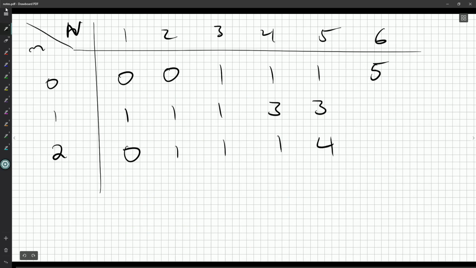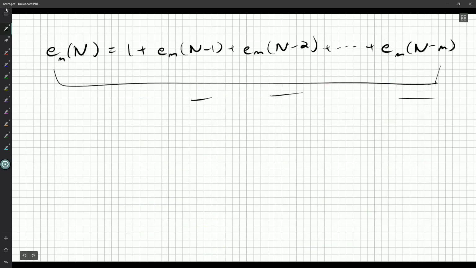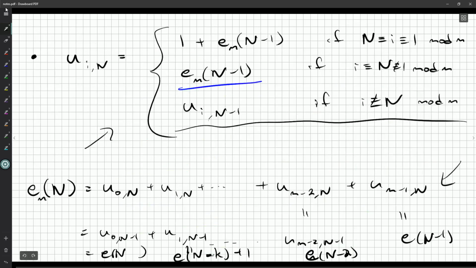And then 5, 3, 4. Interesting. Very, very, very interesting. But I don't quite see a useful pattern. So I think this is where I went wrong. I don't think this is correct.